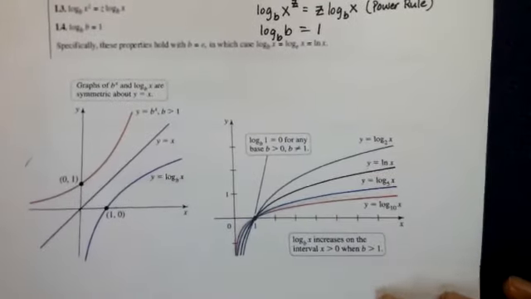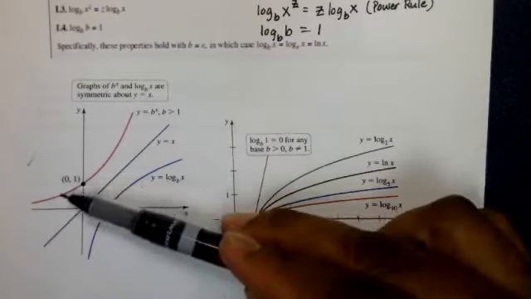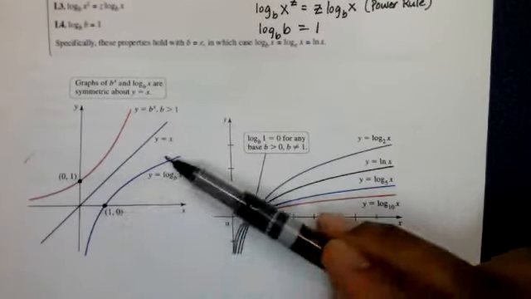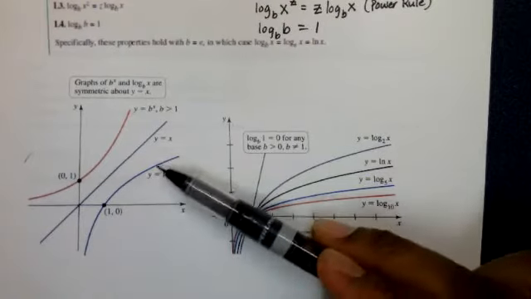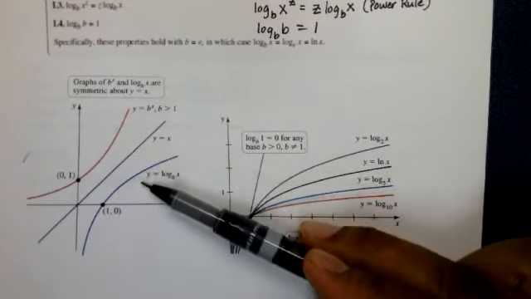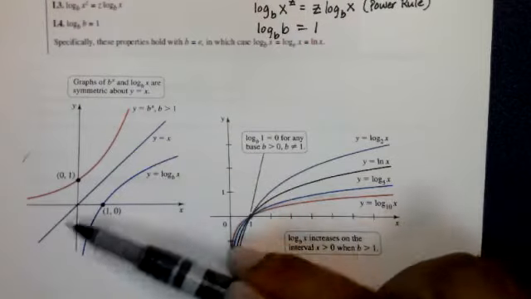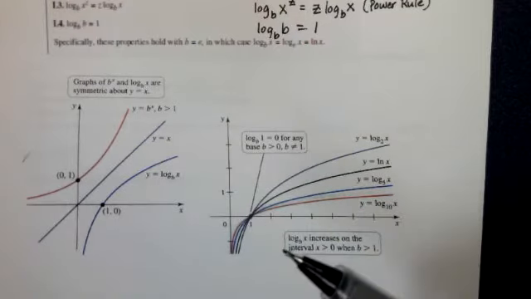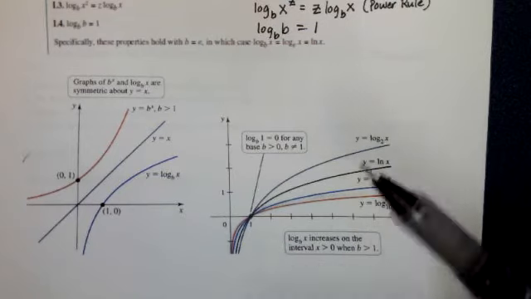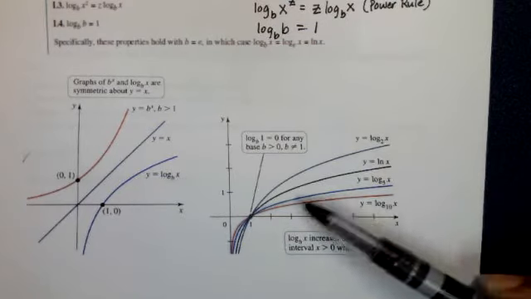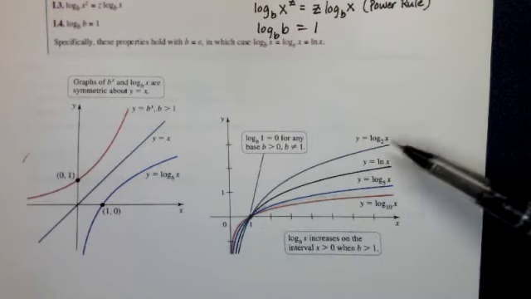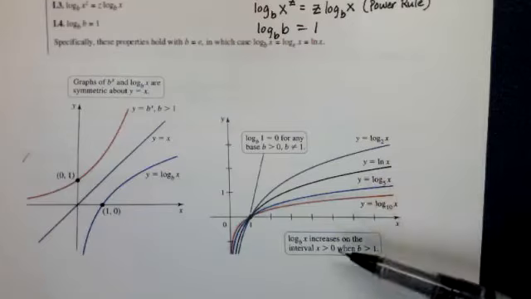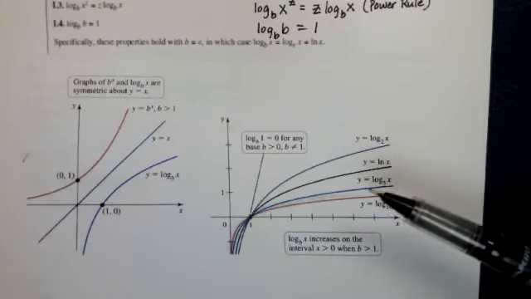And here you see the graphs of y equals b to the x and y equals log to the base b of x. Those are inverses of each other. Here you can see that those two graphs are symmetric about the line y equals x. And then the second graph that you see here, log to the base b of x increases on the interval x greater than 0 when b is greater than 1.